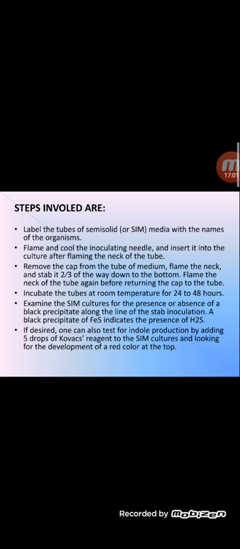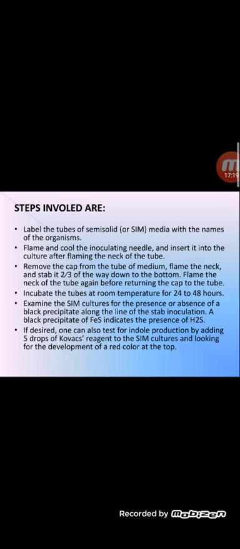After that, examine the SIM culture for the presence or absence of the black precipitate along the line of stab inoculation. A black precipitate of FeS indicates the presence of H2S.